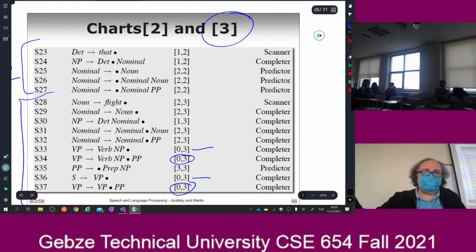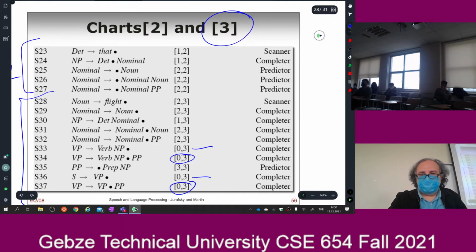And when I read the last one, flight, I completed this noun, I completed this noun phrase, I completed this nominal and nominal, and these are the predictors. PP, I'm going to predict PP. What else? I am going to predict a noun, but they didn't put it in here. And I completed this one, verb noun phrase, and I completed this one as verb phrase.